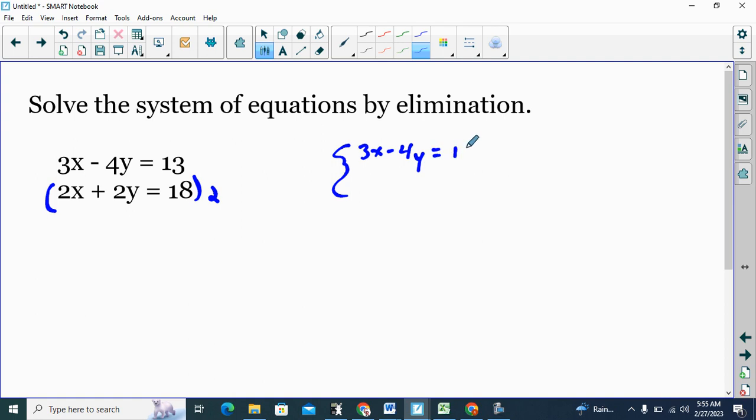I'm recopying the top equation. 3x minus 4y equals 13. The bottom equation gets multiplied by 2. 2x times 2. 2y times 2. And 18 times 2.